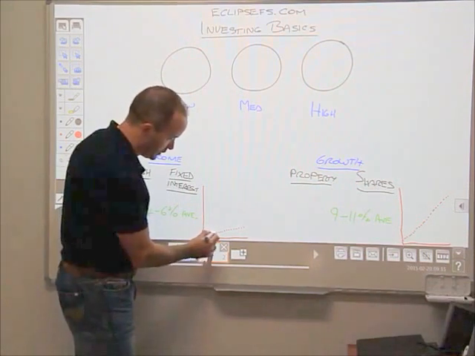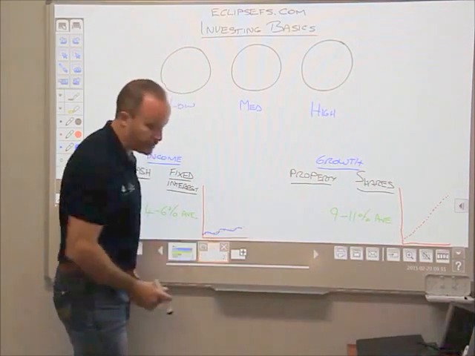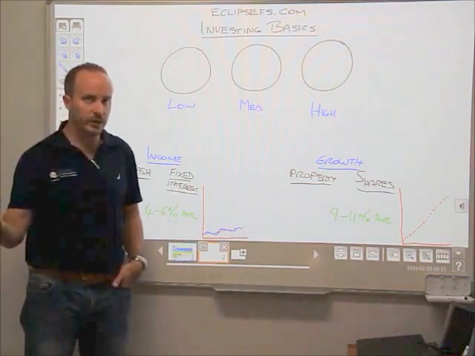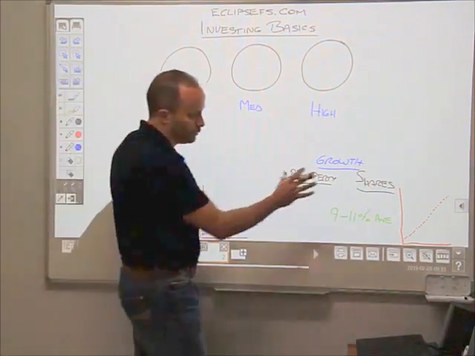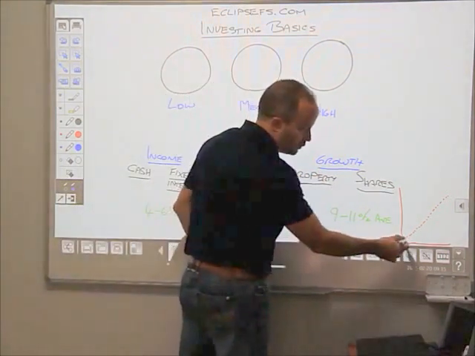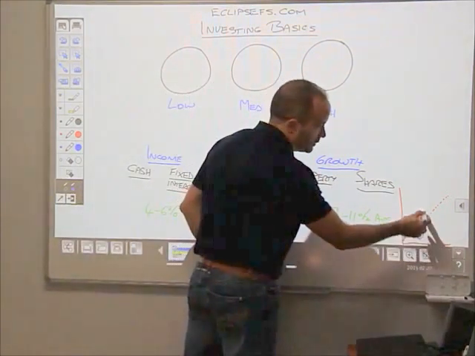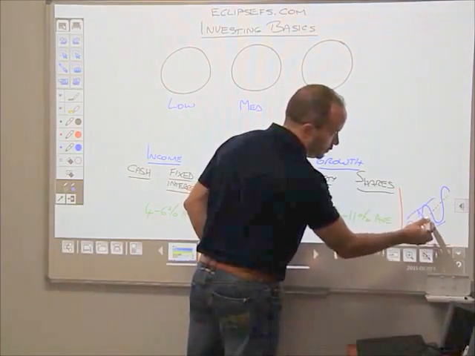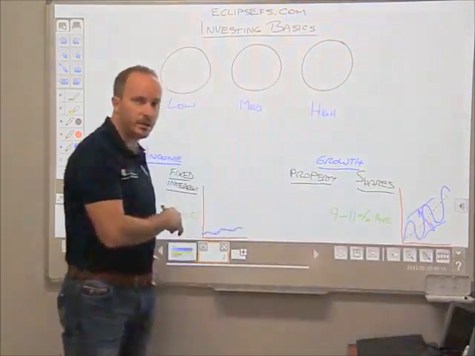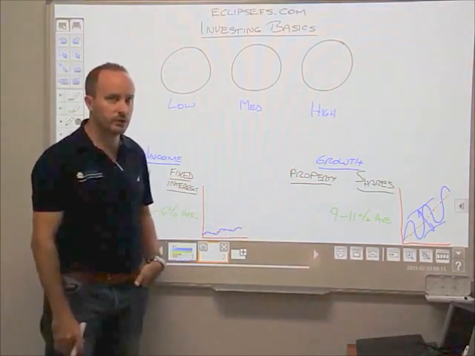Down here it's going to be pretty steady. Interest rates go up and down, but you're never going to earn more than about 12%. You're never going to earn less than about 2%. Property and shares, your rent and dividends are pretty steady, but your capital growth can fluctuate quite a bit. So these do fluctuate quite a bit compared to these, therefore time frames are a crucial factor as well.